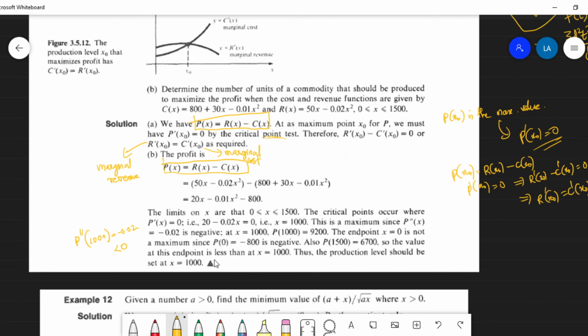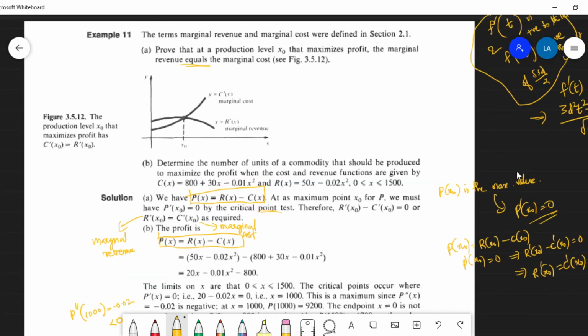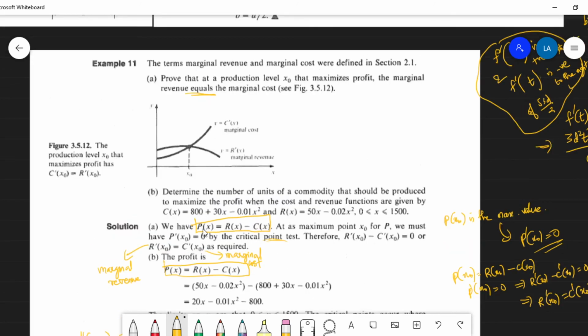So x is equal to 1000 will be the maximum point, and the profit value will be 9200. So for solving this question, you just have to keep in mind that the profit function P of x is equal to the revenue function minus cost function. Marginal revenue is nothing but the derivative of the revenue function, and marginal cost is nothing but the derivative of the cost function.